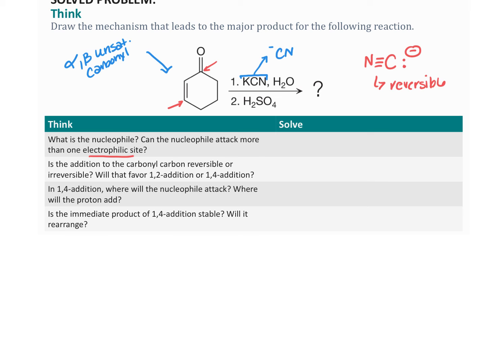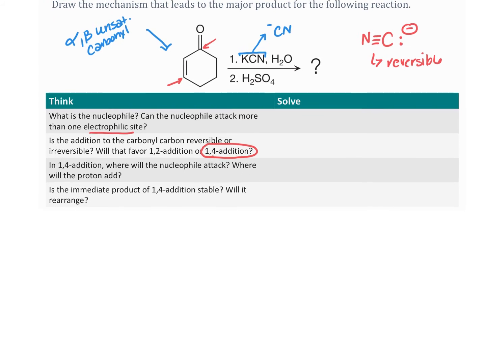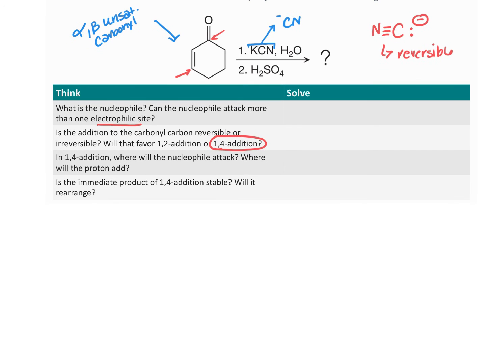This falls into a different category. It's reversible. And so then you need to know, because it's reversible, the 1,4 addition is going to be the major mechanism here. And so then, in a 1,4 addition, where will the nucleophile attack? It's going to attack the beta carbon right there. Okay, so that's what we're going to start with.